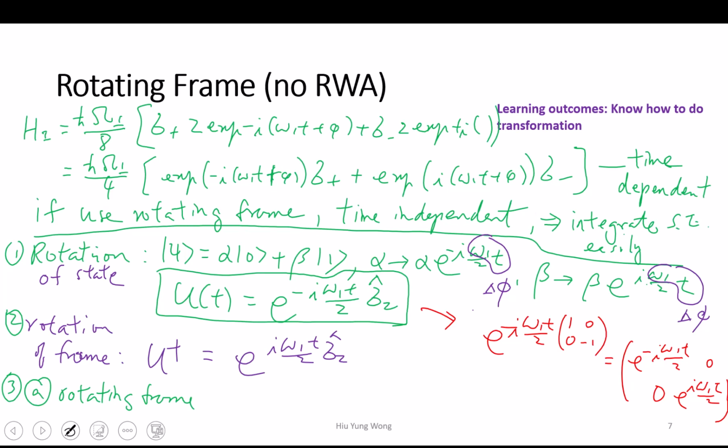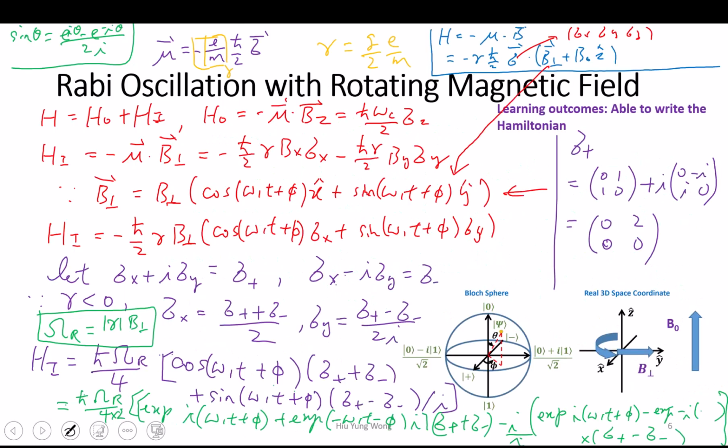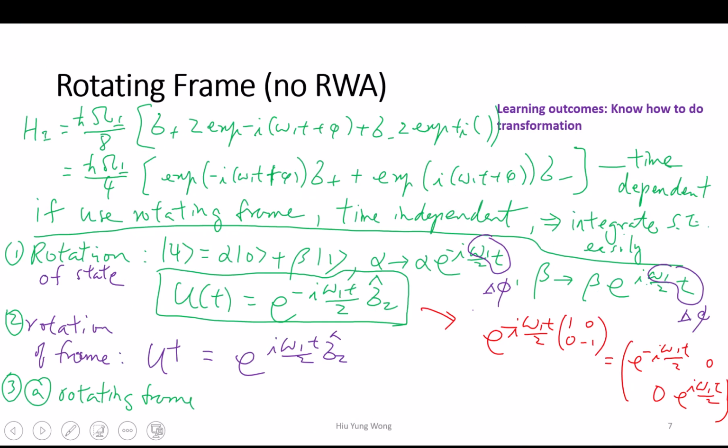In that case, I'm not advancing the qubit. The qubit is actually going backward, because now the frame is moving forward, right? So instead of this qubit going, for example, anti-clockwise, now I'm seeing that the coordinates are going anti-clockwise. Isn't that equivalent to the qubit going backward? Correct? Yeah.